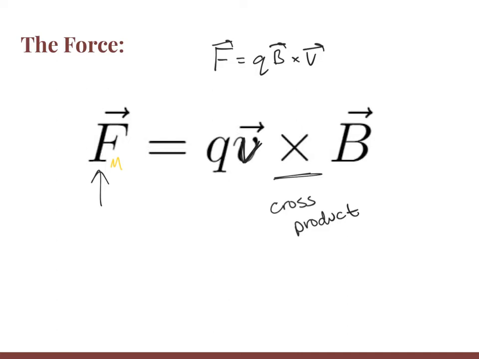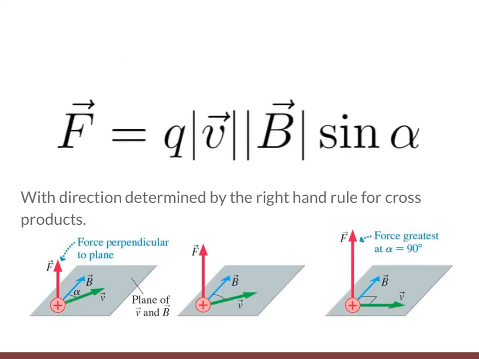It's v cross B. And since we aren't really equipped to deal with cross products here, we are going to use a simplification for cross products. A simplification is that A cross B, if you have two vectors, equals the magnitude of A times the magnitude of B times the sine of the angle between them.